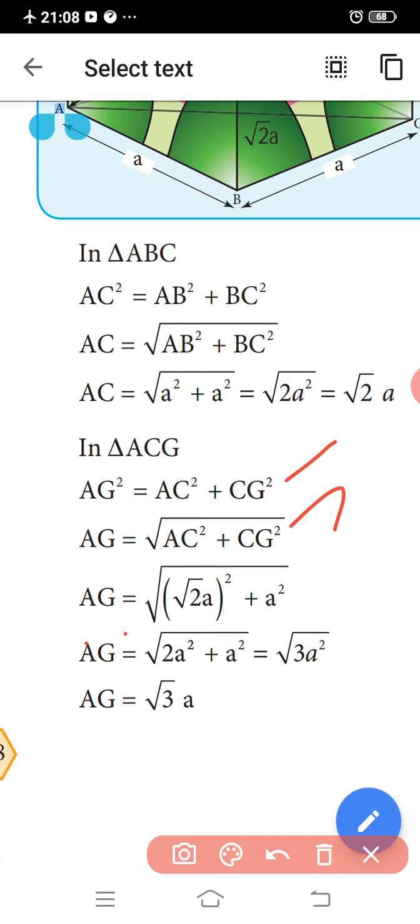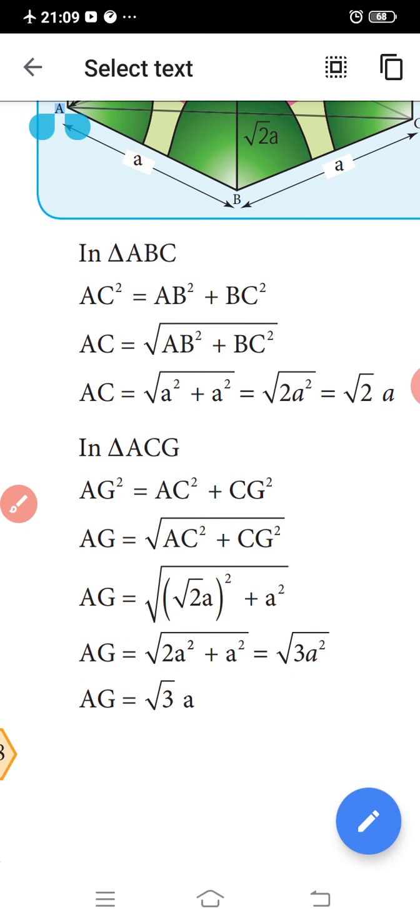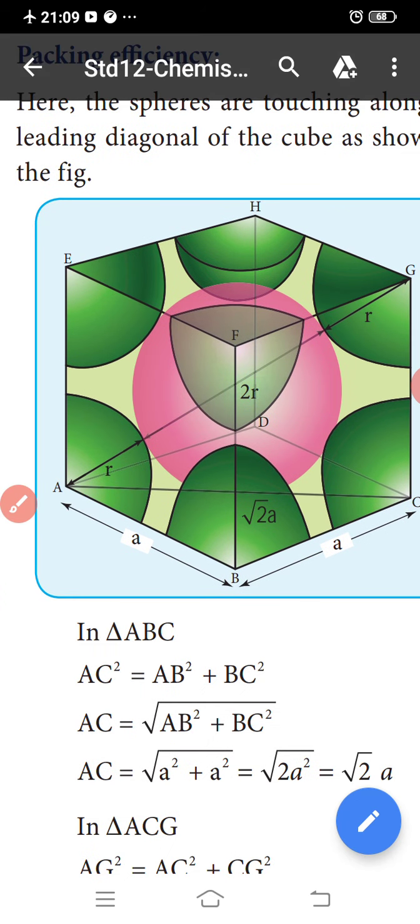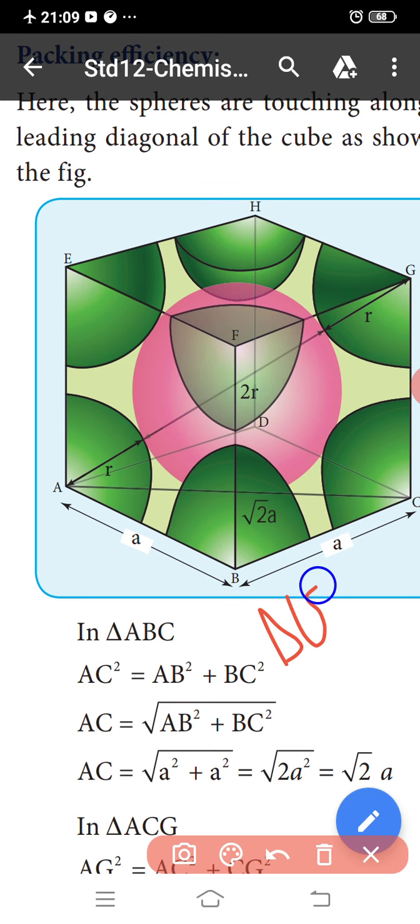Root 2 into root 2 is equal to 2, so 2A squared plus A squared is 3A squared, and the root gives AG equal to root 3 A. This is the AG value. So AG is also equal to 4R.